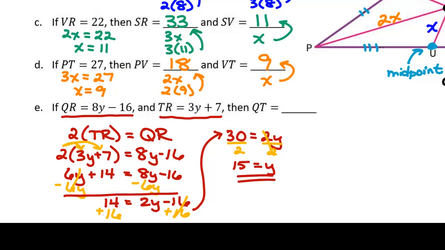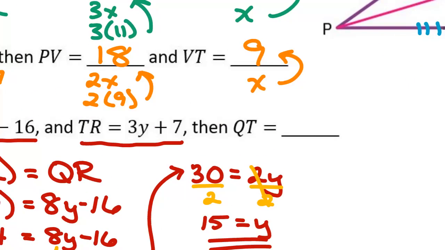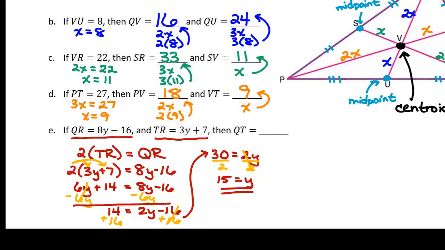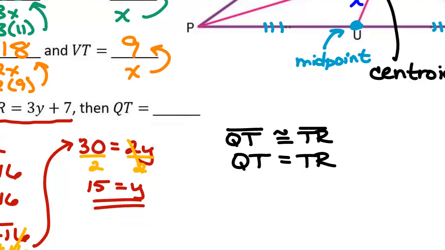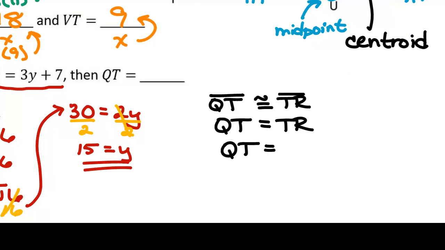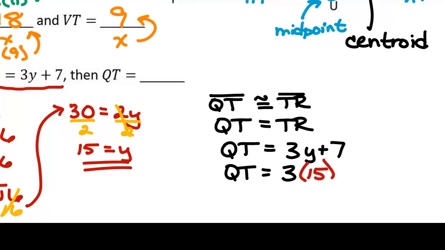But that is not what we were asked to find. We were asked to find QT. Well, how big is QT? They didn't give me that. It's congruent to TR, yes. QT is congruent to TR, so the length of QT is equal to the length of TR. So QT is equal to 3Y plus 7. So QT equals 3 times 15 plus 7.